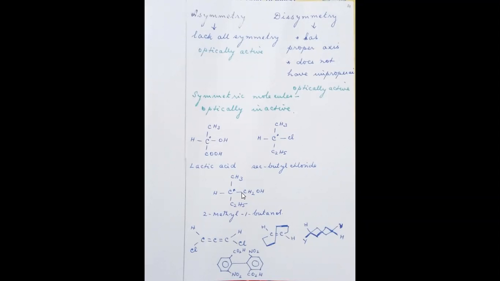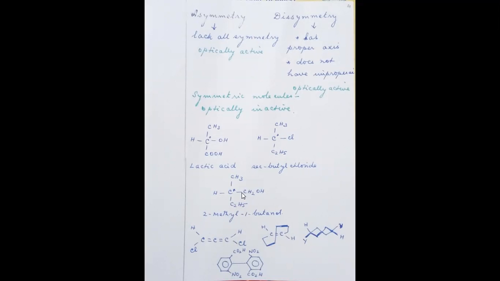Both operations have to be performed to get the identical configuration. One rotation followed by a reflection. See, if improper axis of symmetry is not present and the molecule has a proper axis of symmetry, then that compound is called dissymmetrical.